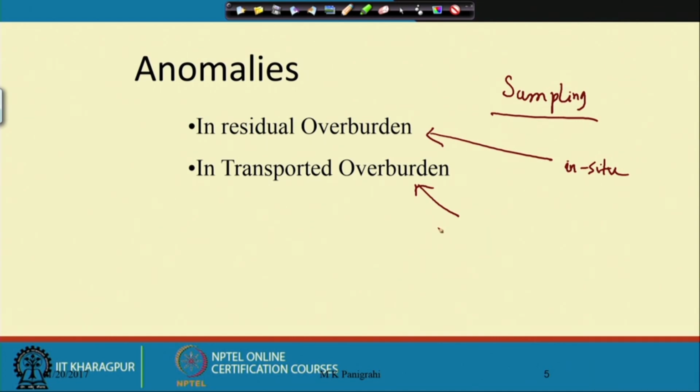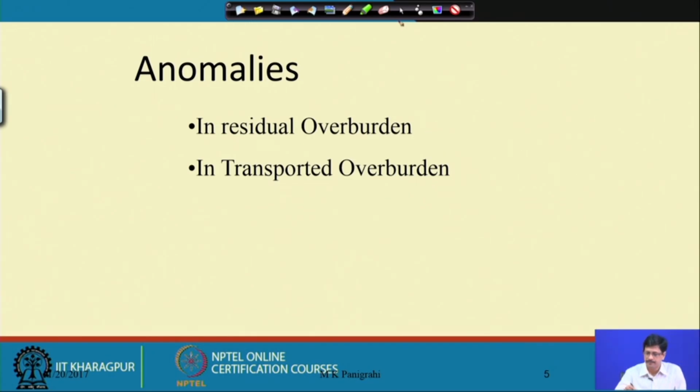So, in principle the transported overburden will not be reflecting any of the characteristics of the terrain in terms of the hidden ore body, but it is not a very easy job to distinguish between residual and transported overburden. We can just have a brief idea from this.